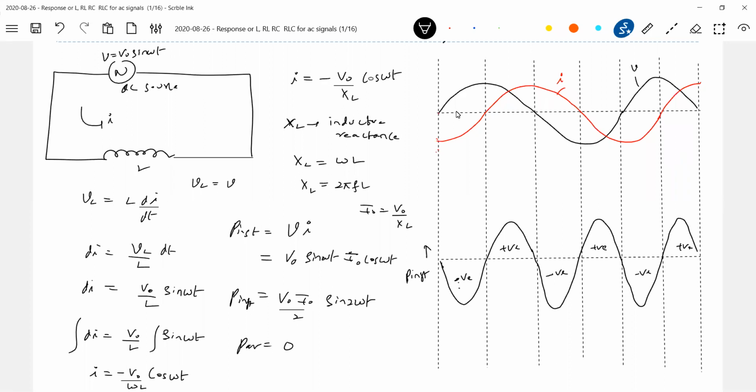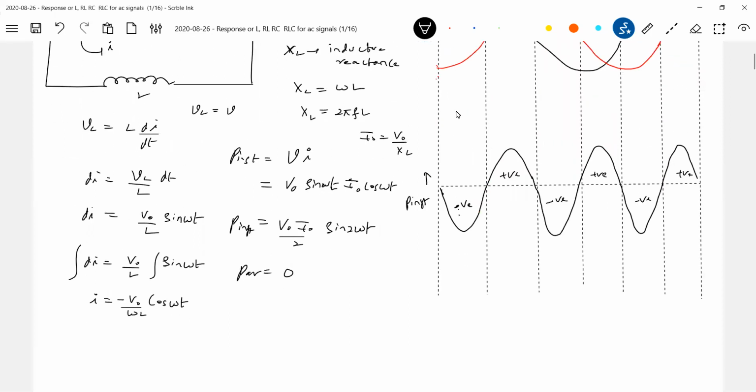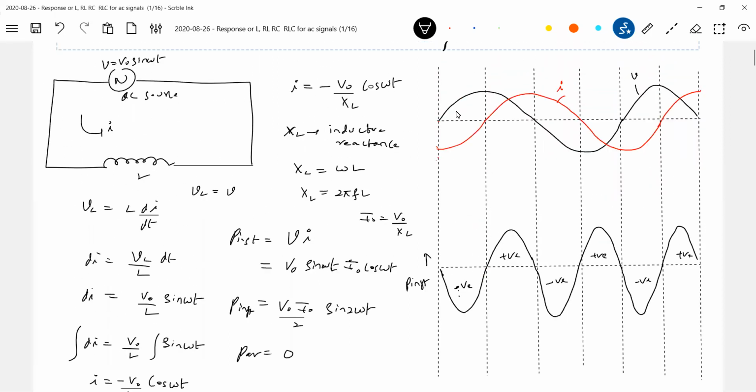Able to get this one? It will make the current lag the voltage. That's what the inductor does here. And the capacitor will make the current lead the voltage, so negative is what we have here, minus V naught cos omega t. So, does an inductor consume any power? No. And there will be exchange of energy between the inductor and the source in one cycle.